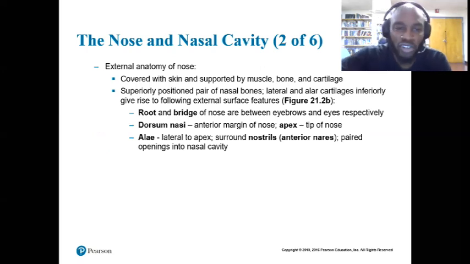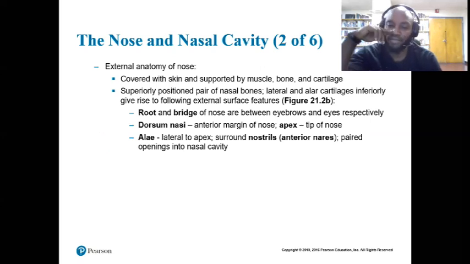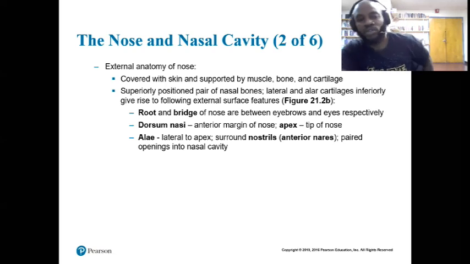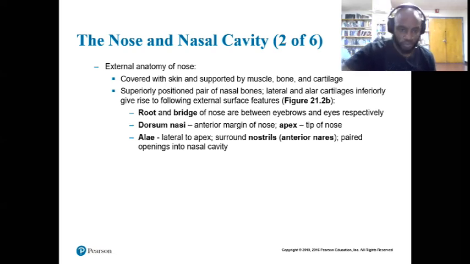The external anatomy of the nose, we know it's covered by skin. You can see that. There's muscle, bone, and cartilage. We don't need to know all the details of the nose, but you have a superiorly positioned pair of nasal bones.